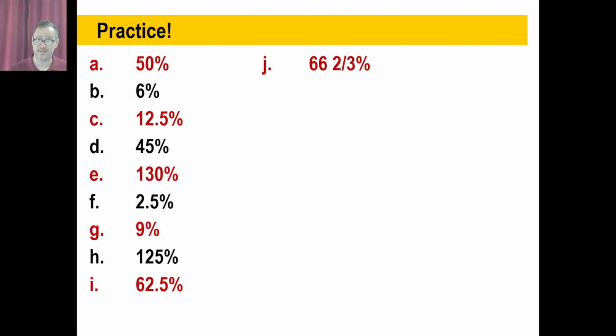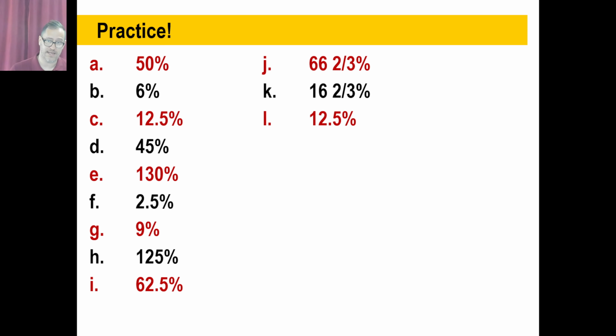K, 1/6. You should have got as your problem 100 divided by 6. Now you might have put 16 and 4/6, but go ahead and reduce that fraction to 2/3. All right. L, 12.5%. That's what you should have got. M, 1 1/4.